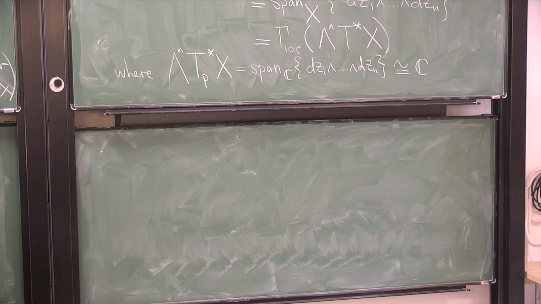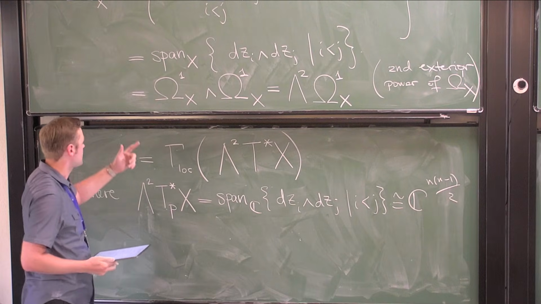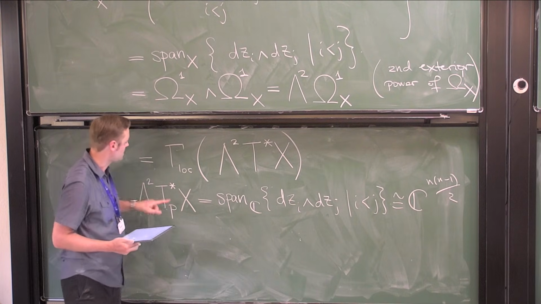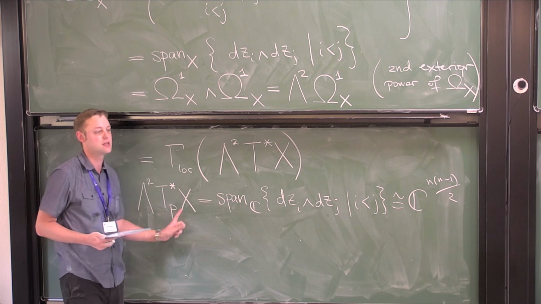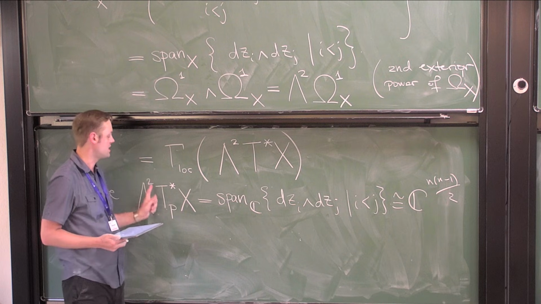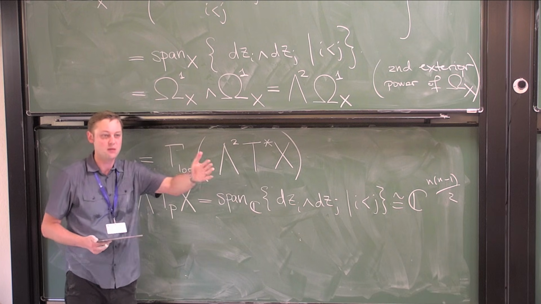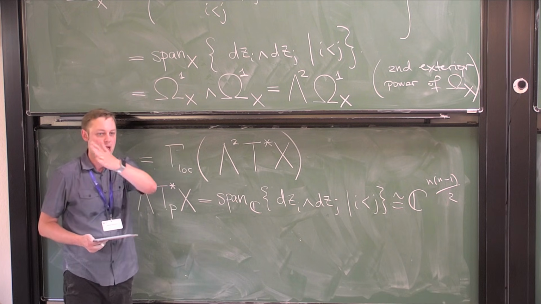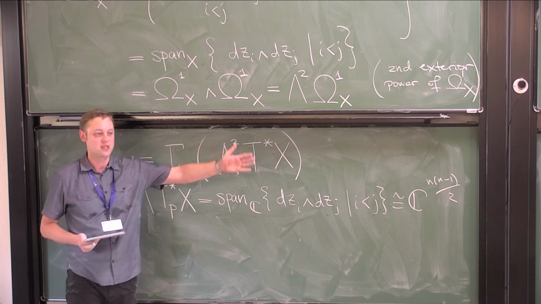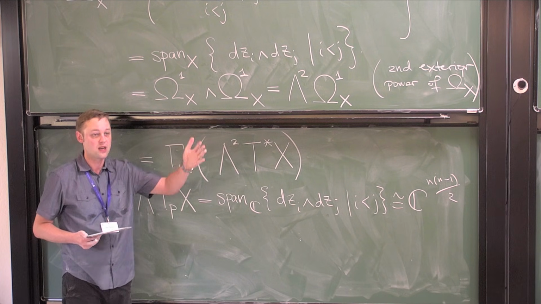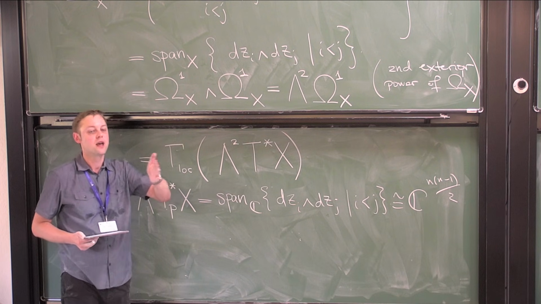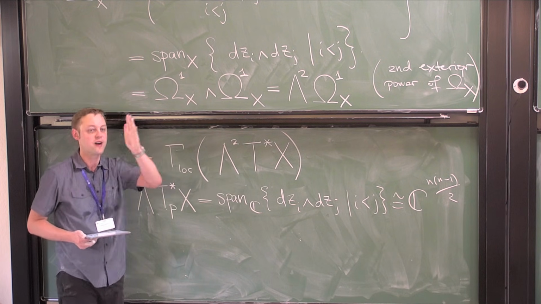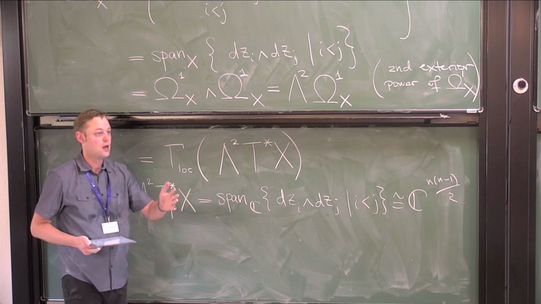And so, when we were looking at T*X, its fibers were n-dimensional vector spaces. T*X therefore was the bundle of these T*_pX. So it was a bundle of n-dimensional vector spaces. We would say that that is a complex vector bundle of rank n. So the dimension of the fibers, we call that rank.